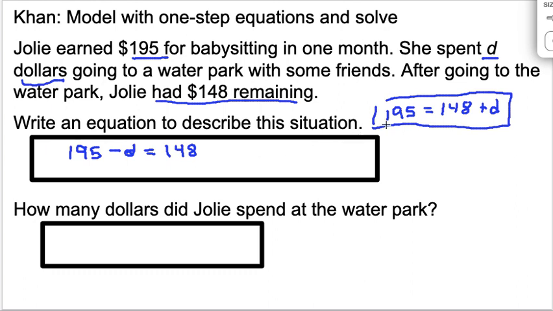So this one would work, this one would work, and then also now we could solve this by, since it's adding, we use subtraction to solve it.